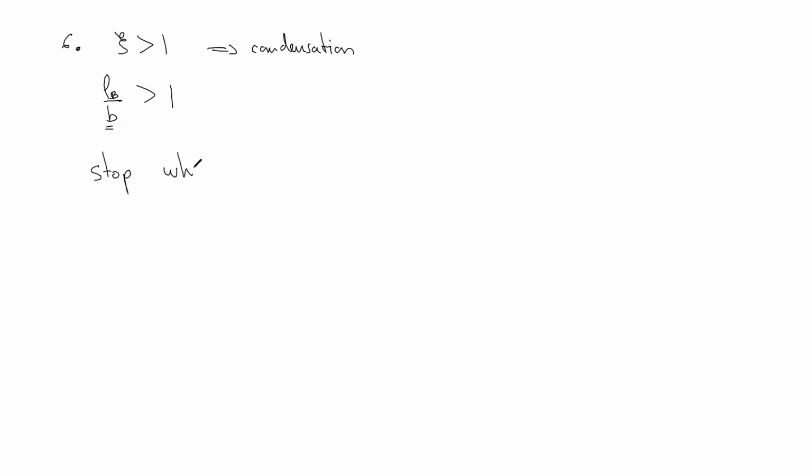Stop when effective Xi reaches 1. So we say that basically Xi is in fact 1 plus delta Xi, where delta Xi is positive. And Xi will be effectively reduced by the condensation mechanisms so that you end up at that value.